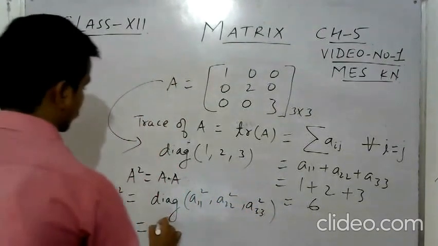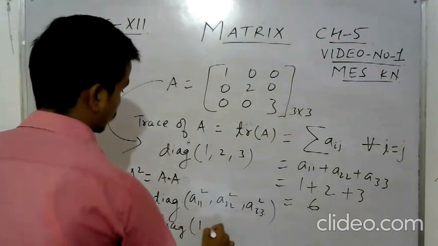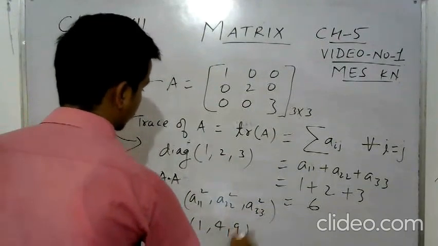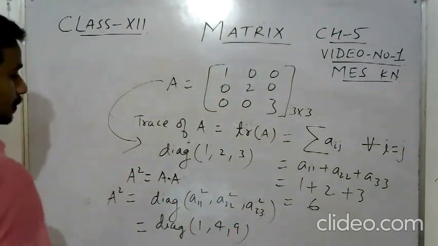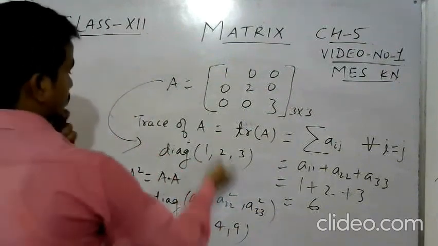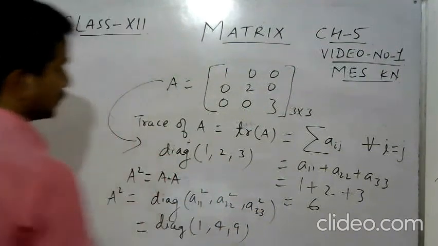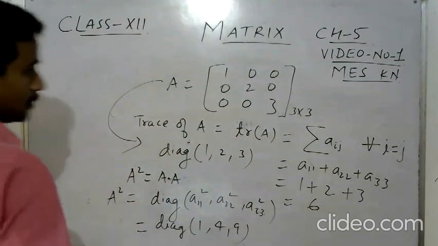What is A square? 1 square is 1, 2 square is 4 and 3 square is 9. So your A square will be diag(1, 4, 9). Similarly, A cube will be just cubing the diagonal elements. In this way you will solve it.